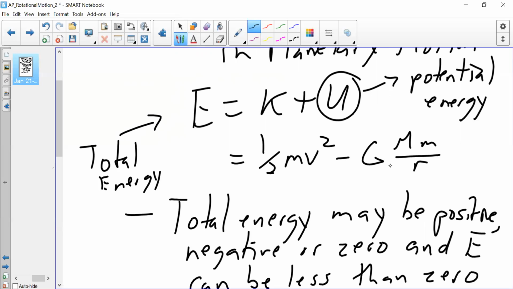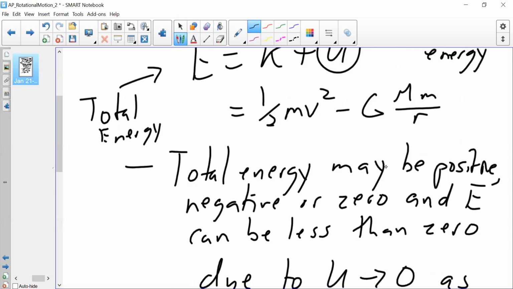The overarching point is to see if energy is less than 0, positive or negative. I can't do that unless my terms are the same, and I can't add or subtract if I don't have the same terms.